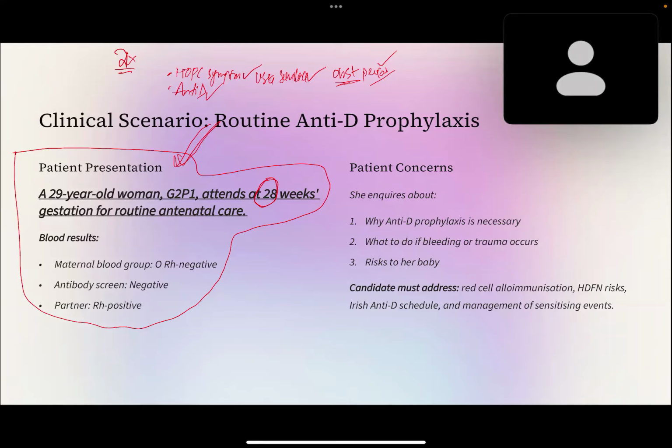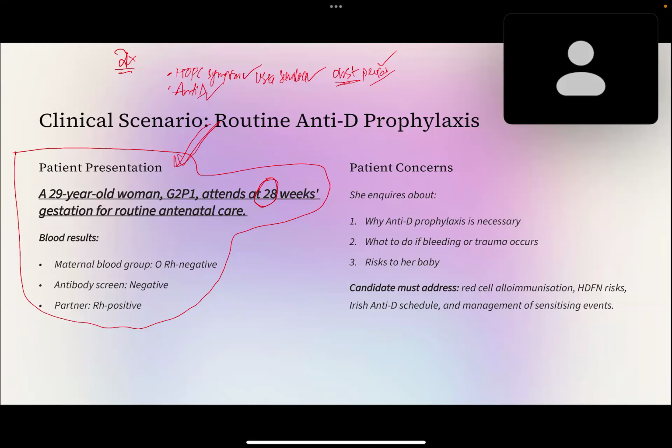And if it is more than 1.5, then we would refer her to the fetal-maternal unit, and they will do the serial titers and the scans weekly.